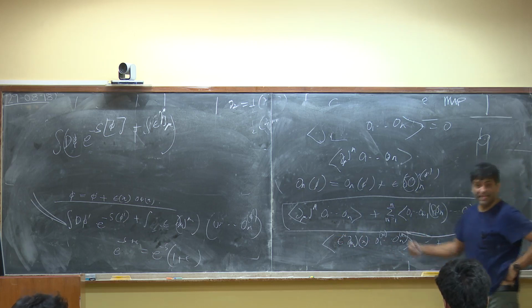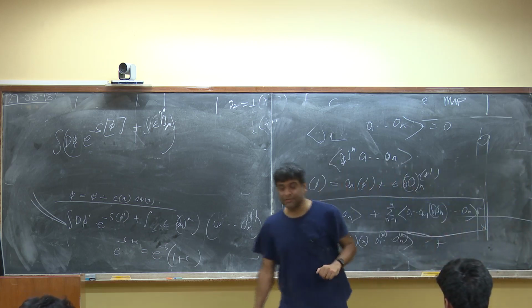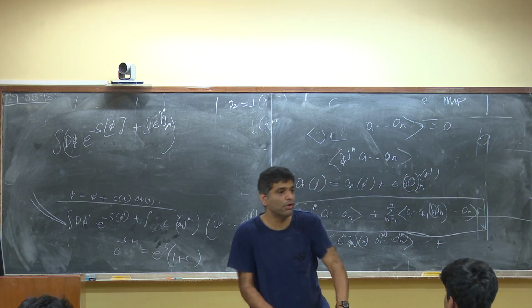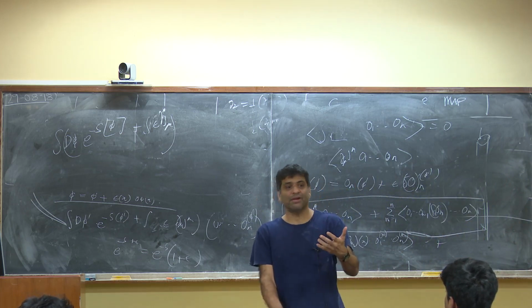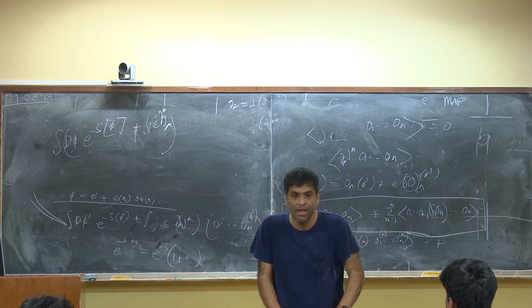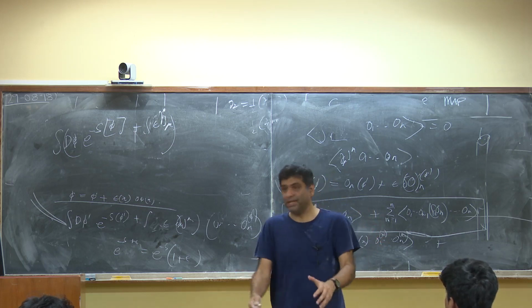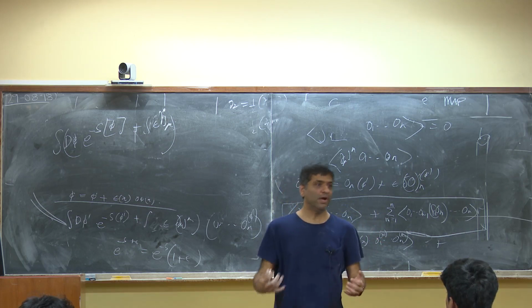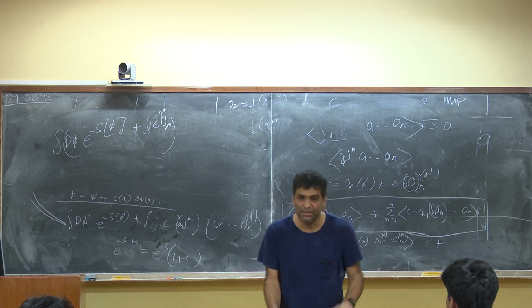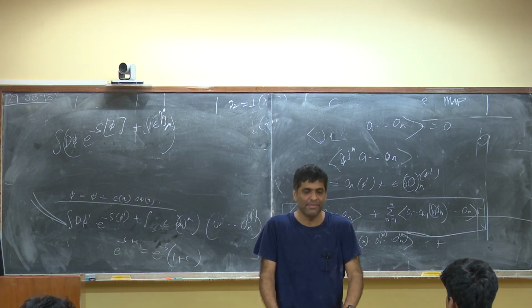Now, you might think this is very weird, because I told you 5 to 10 minutes ago that whenever there is a symmetry, there is a current which is conserved as an operator: del mu j mu is 0. So how can it matter whether something's inserted at the same point or not? Does anyone know?